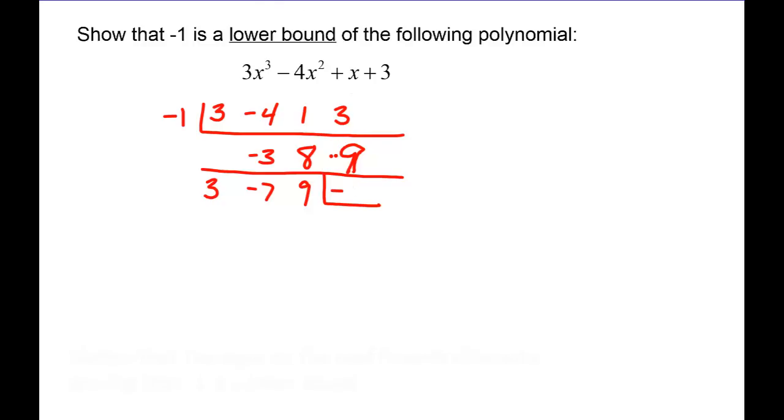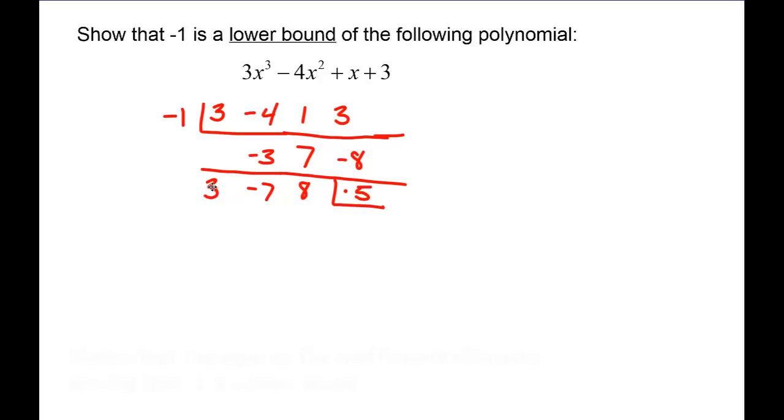Typo, this should be a 7. So let me just redo that real quick. Negative 1 times negative 7 is 7, not 8. So that adds together to be 8. And this becomes negative 8. And then we get negative 5.